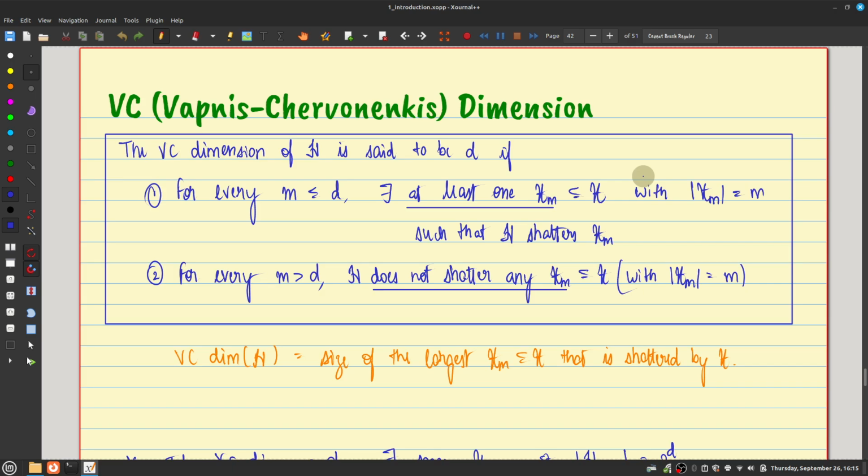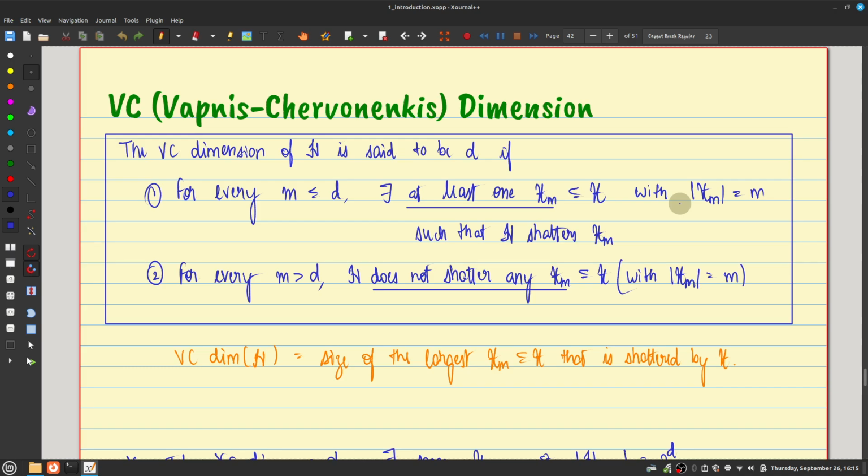So the VC dimension is essentially the size of the largest subset of X which is shattered by H, right? Which means that the VC dimension is equal to D if for all m less than or equal to D, there is at least one set of size m which is shattered by H, right?